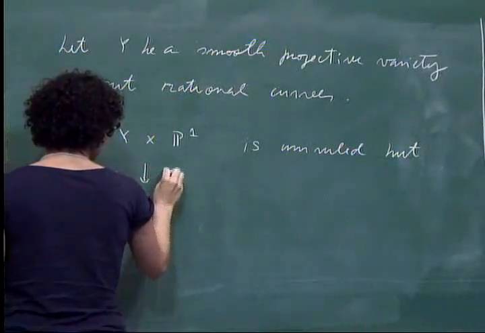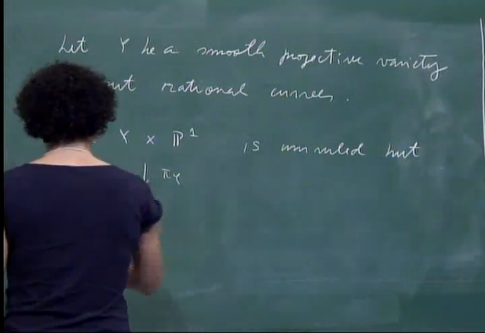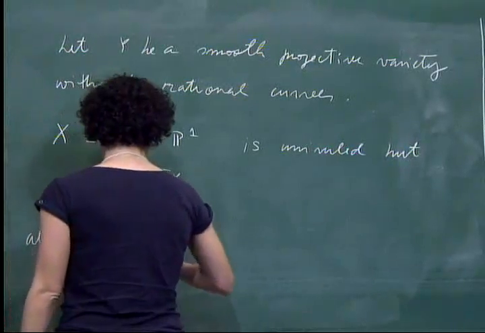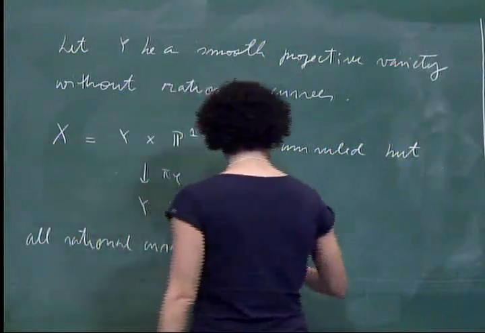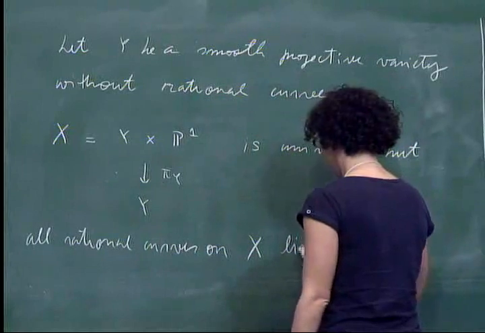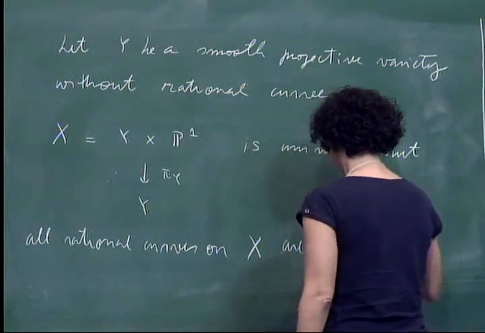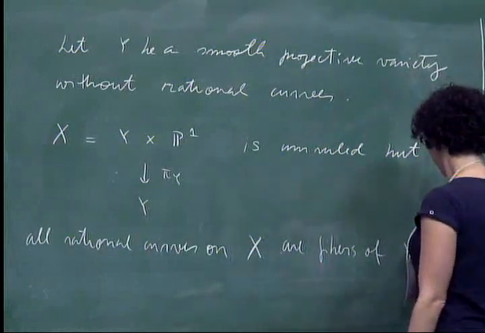So here we have the first projection to Y, but all rational curves on X are fibers of pi Y.